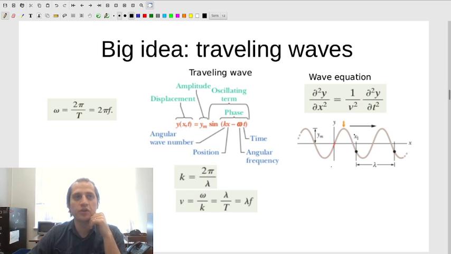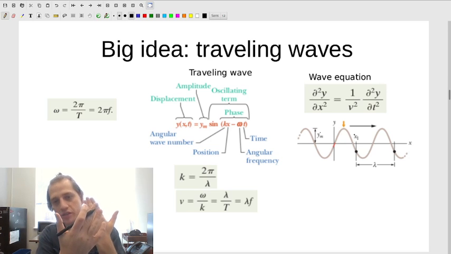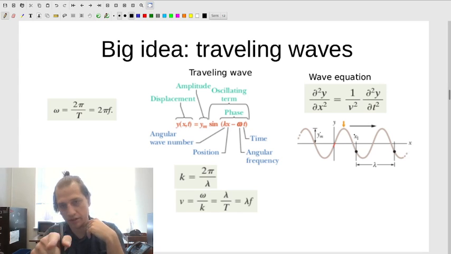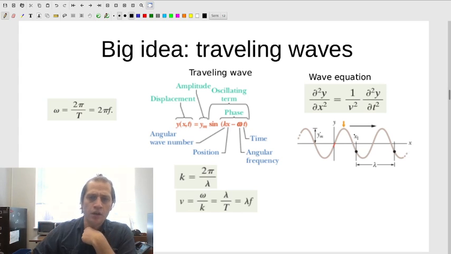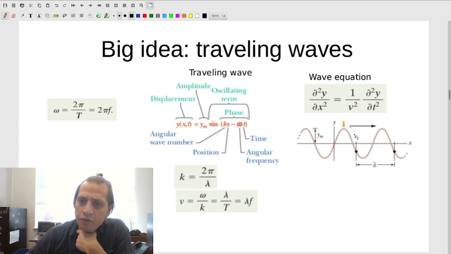Or you have, for instance, in air, the pressure which is increasing and decreasing. A transverse wave is one where the displacement is perpendicular to the direction of the wave motion, and longitudinal, like sound, is where the squish is in the same direction as the direction that the wave is moving. So we have two different speeds going on, at least two.